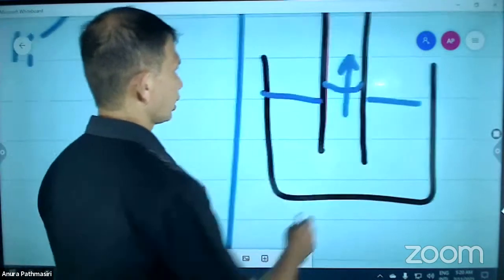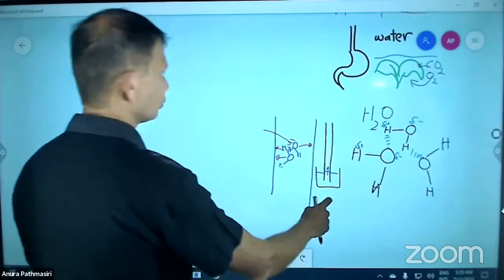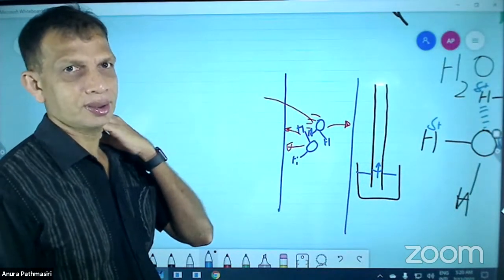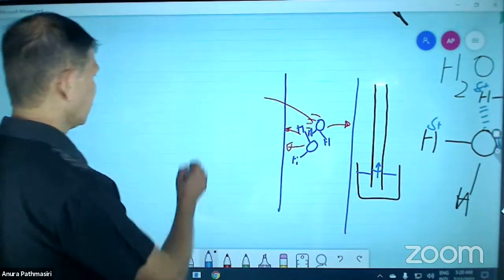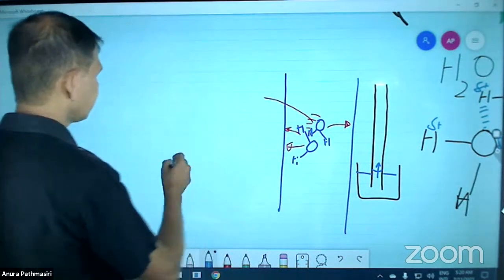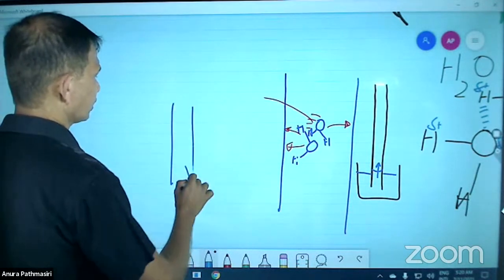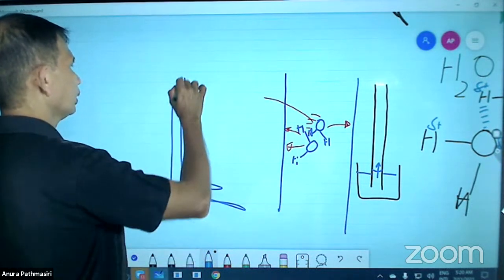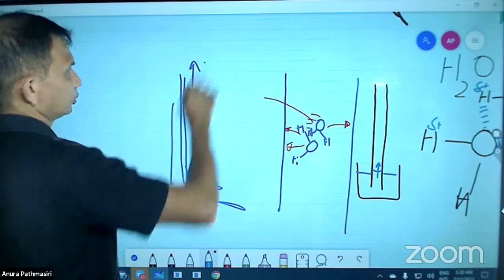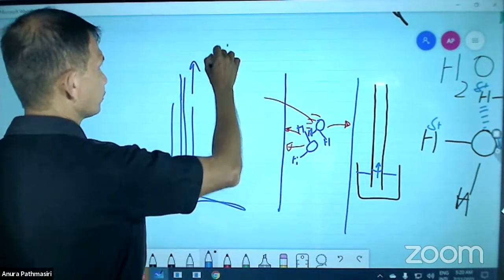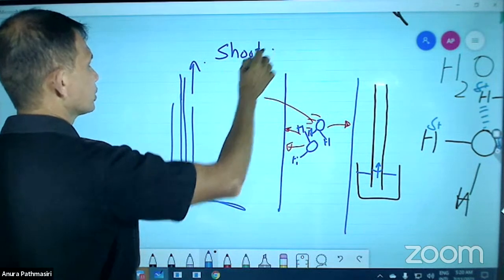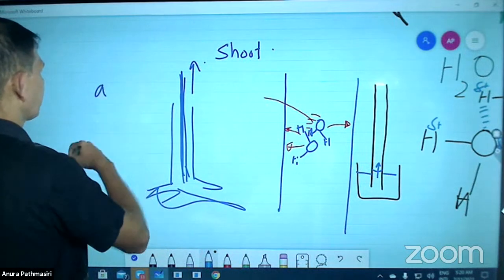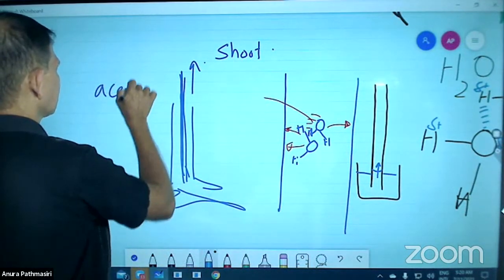This is actually not in your syllabus, but it was in the old syllabus before your 2015 curriculum. It is the way of transporting water and minerals upward towards the shoot system of a plant by the ascent of sap.